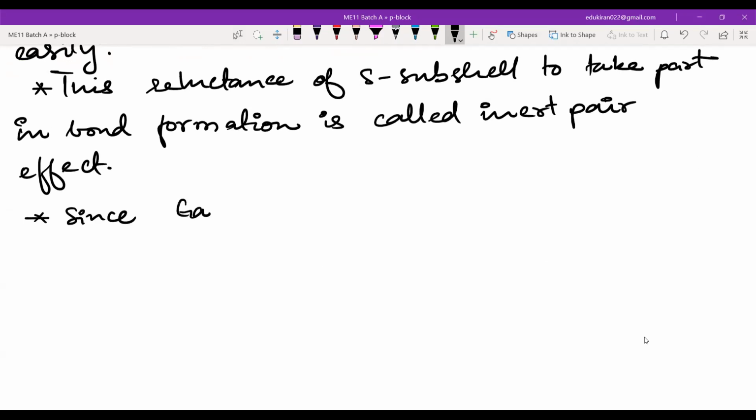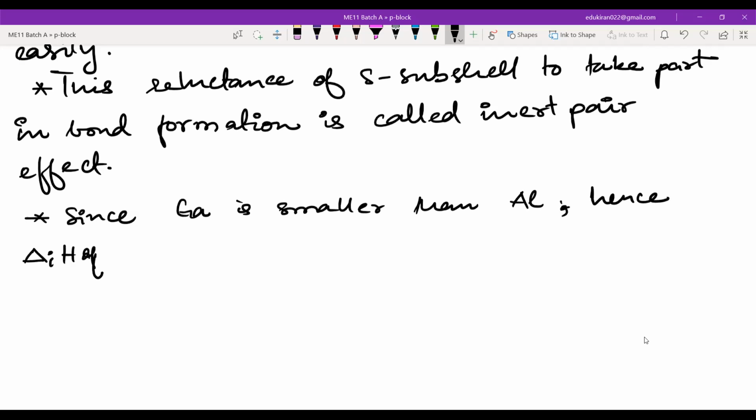Since gallium is smaller than aluminium, the ionization enthalpy of gallium is a bit higher than aluminium.